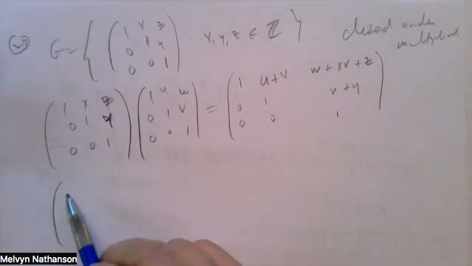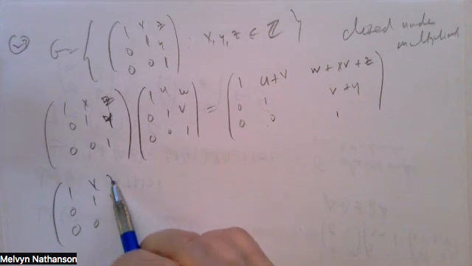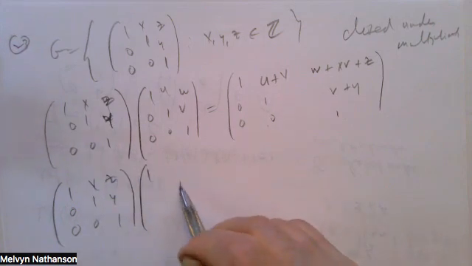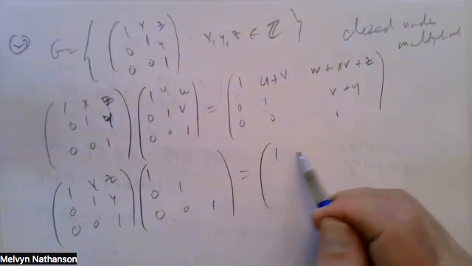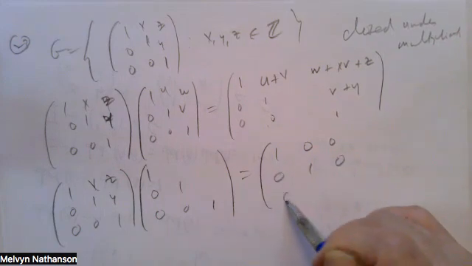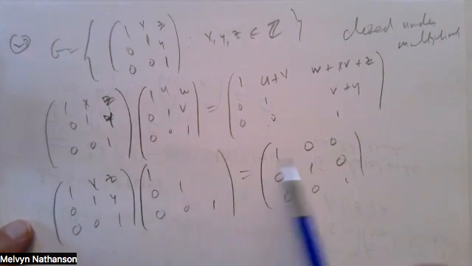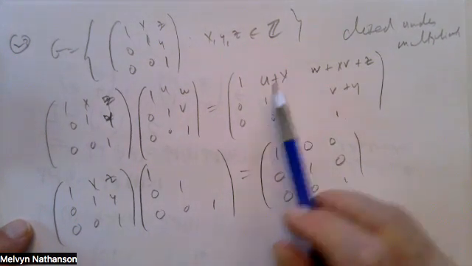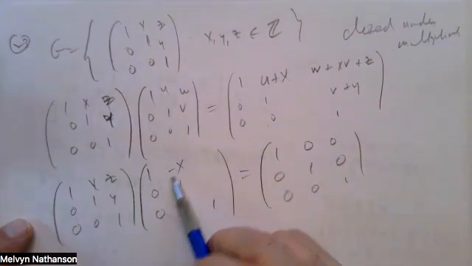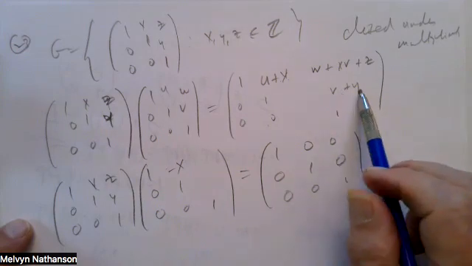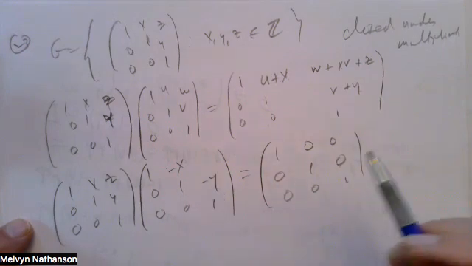And how can I get the inverse? Take the matrix with x, y, z. I want to find something of this form so that when I multiply it, I get the identity. I want to get a 0 here, which means if u is the number here, u plus x has to be 0, so this has to be minus x. For v plus y to be 0, v has to equal minus y.